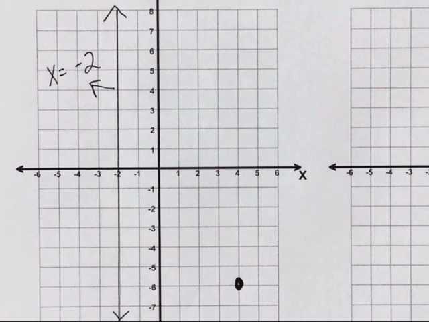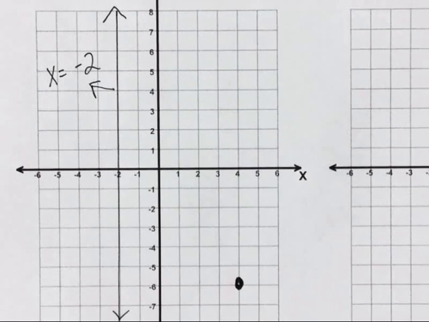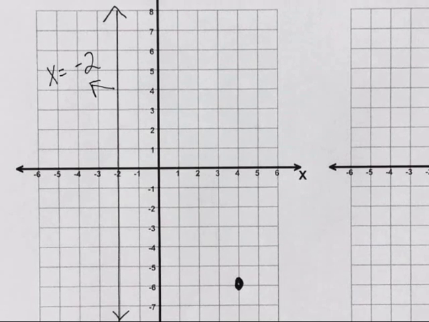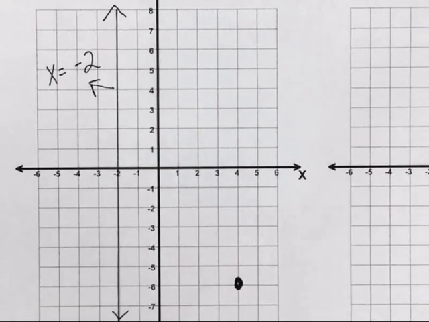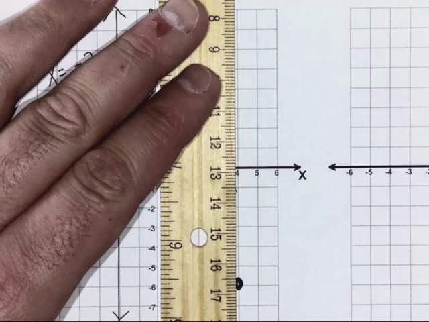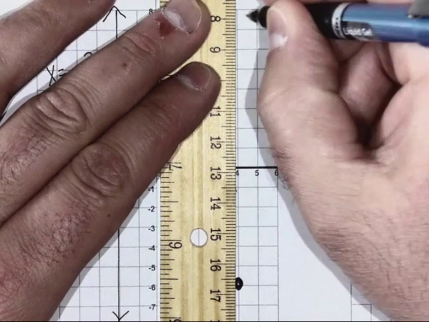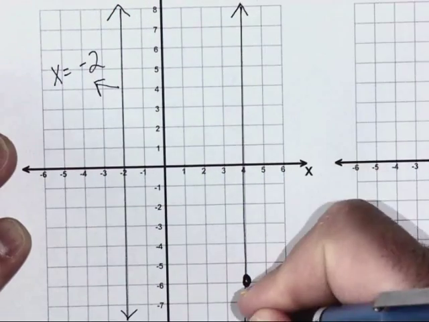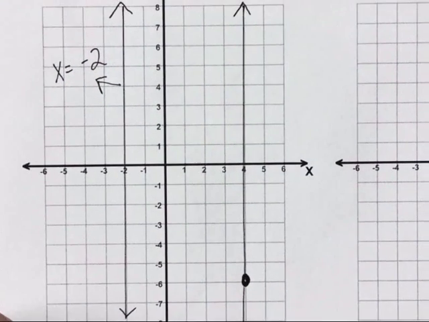Okay, so the problem says, find the equation of a line that is parallel to this line and goes through that point. Well, the only way that's going to happen is if I draw another vertical line through that point. That's the only way that those two lines will be parallel and not intersecting. So then what's the equation of that line?